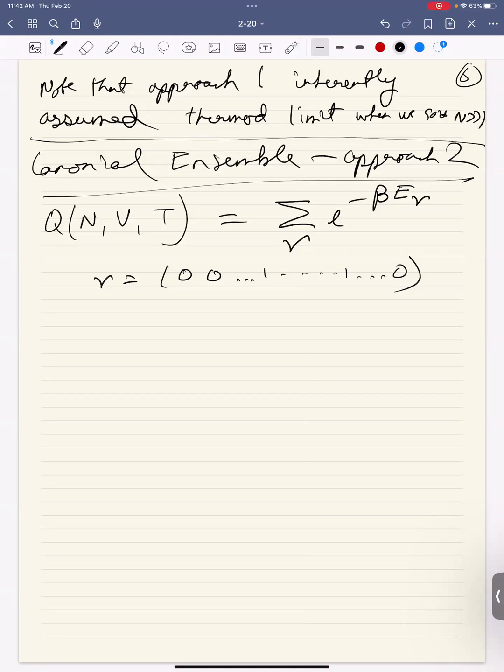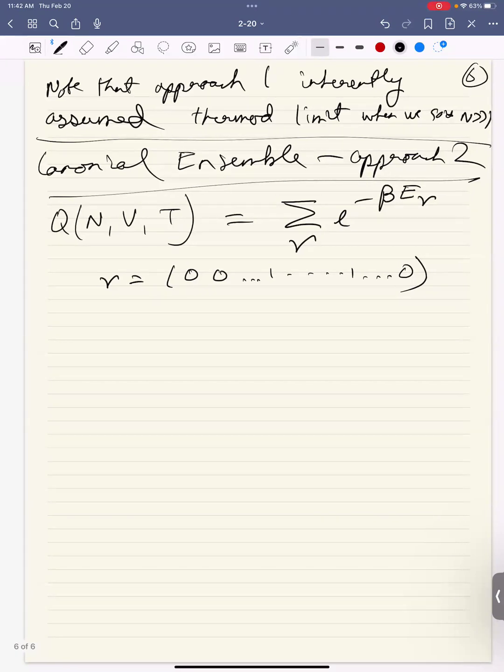Okay, good. So that's our microstate definition. I'm going to define a variable n, which says what happens to particle number. So n1 is equal to 0 or 1, depending on whether particle number 1 is in the ground state or excited state.